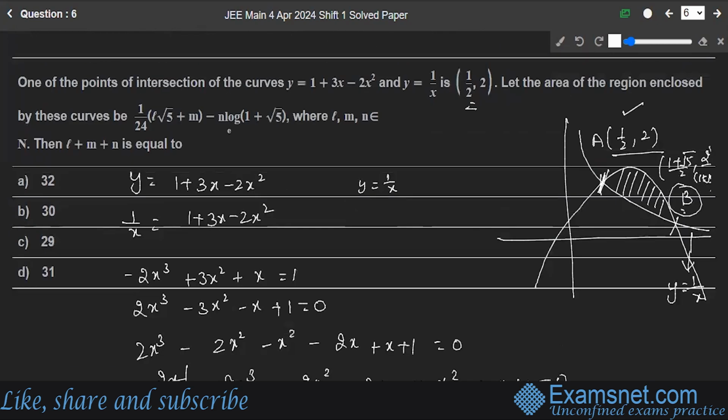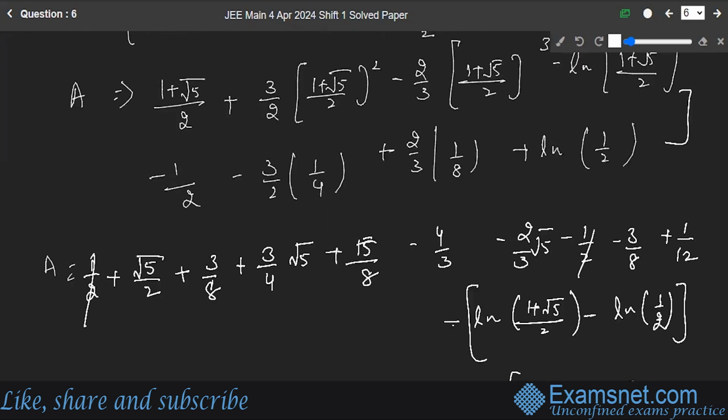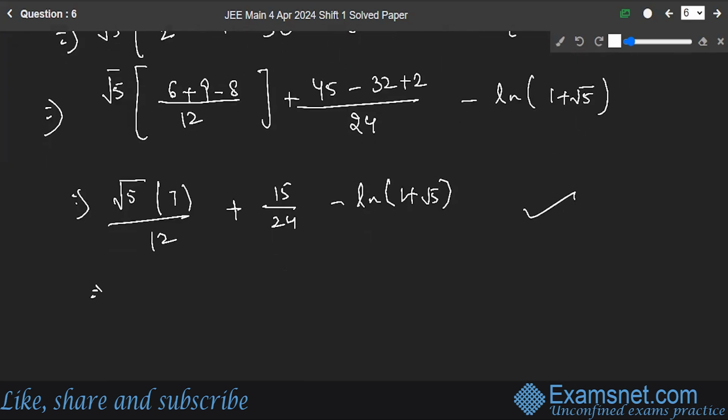And now let's compare it with this given one. Here you have the denominator as 24. Let's make the denominator 24 there as well. So this will be equal to 14 root 5 upon 24, 15 upon 24, log (1 plus root 5).